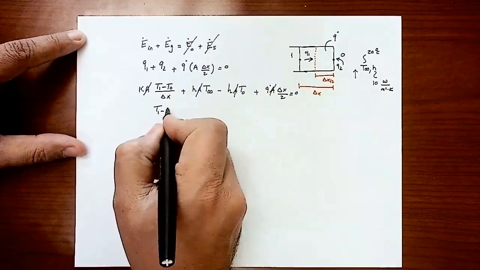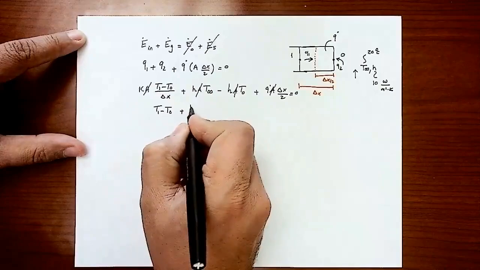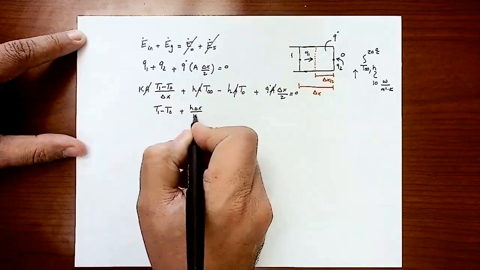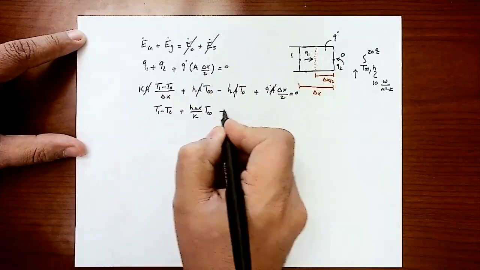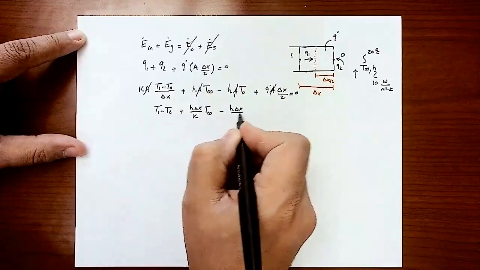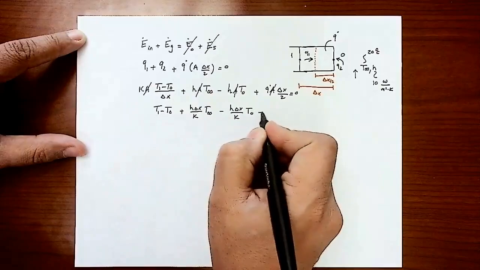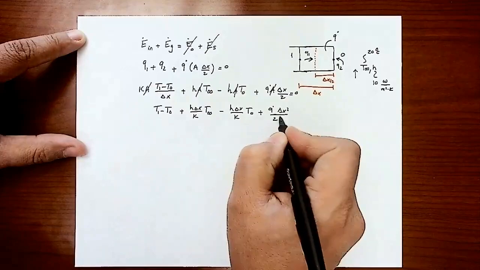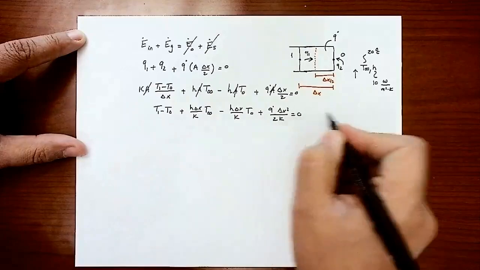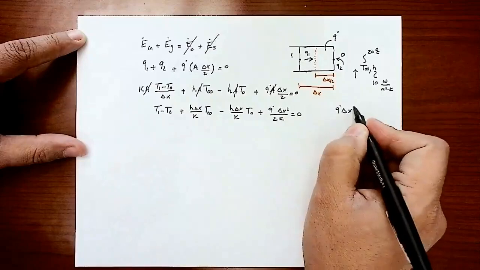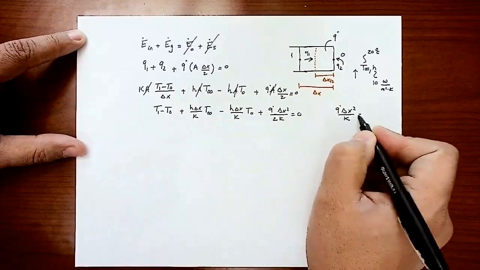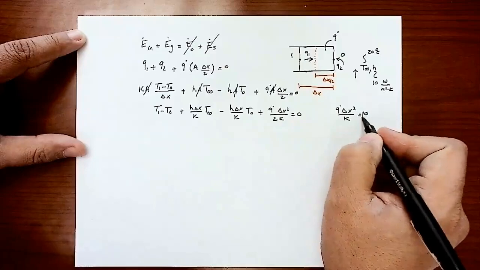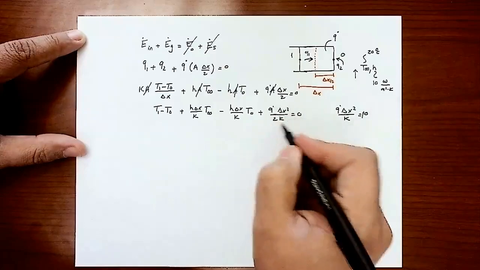I will have T1 minus T node plus h delta x over K times T infinity, minus h delta x over K times T node, plus Q dot delta x squared over 2K. Remember, we did calculate Q dot delta x squared over K. This value is 10. So this term here will be simply 5.